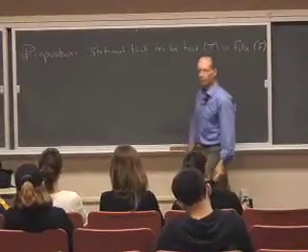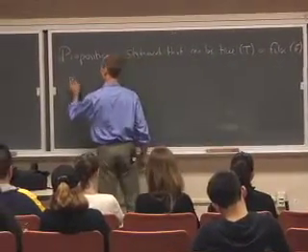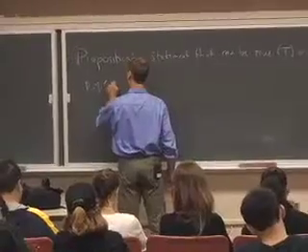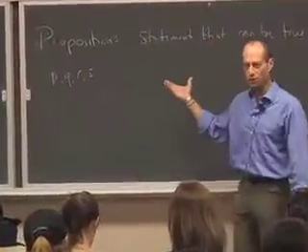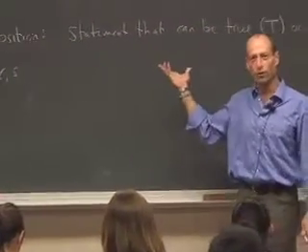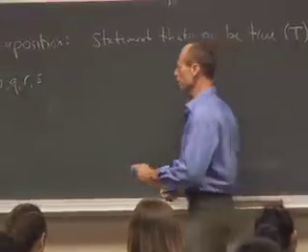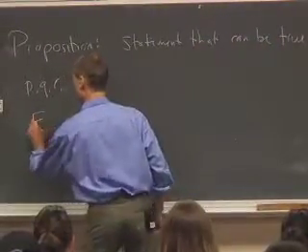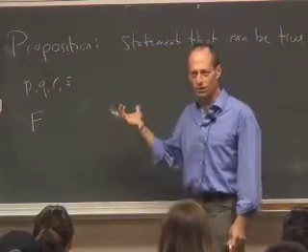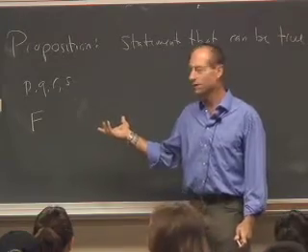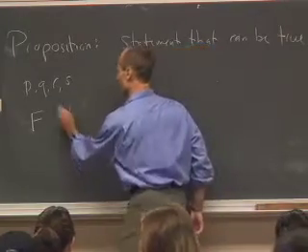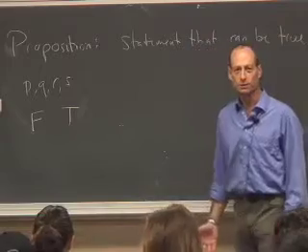I'm typically going to use letters like P, Q, R, S as variables that stand for propositions. The letter F stands for the proposition that is always false, and the letter T stands for the proposition that is always true.